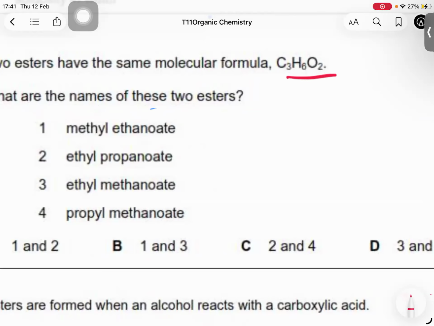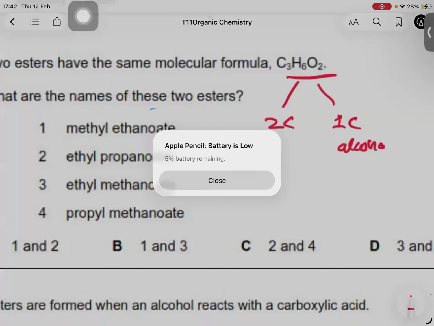Ester is always formed by combining carboxylic acid and alcohol. तो तीन का अगर ester है तो क्या ऑप्शंस हो सकती हैं? 1 and 3. कार्बोक्सिलिक एसिड 2 हो और अल्कोहल 1 हो. ठीक है, यानी 2 कार्बन कम फ्रॉम कार्बोक्सिलिक एसिड एंड 1 कार्बन कम फ्रॉम अल्कोहल. हो सकता है ना ऐसा?